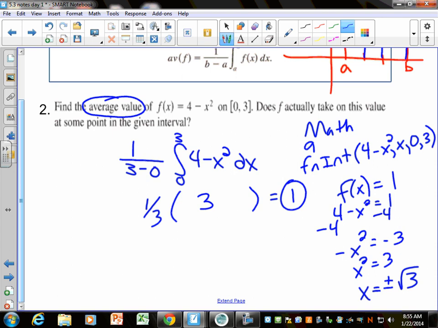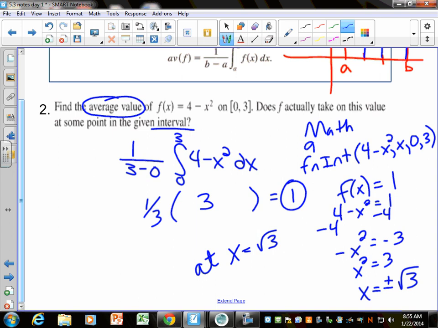This doesn't actually tell you to give the value, but sometimes it'll say, where does it actually take it on? It's actually 1 at 2 spots, both positive and negative radical 3, but you have to make sure you're in the given interval. So the actual time is only at x equals positive square root of 3, because that's the only one in the interval.